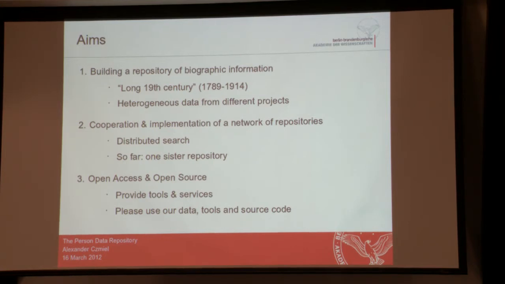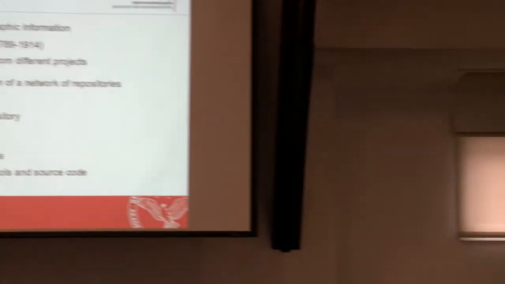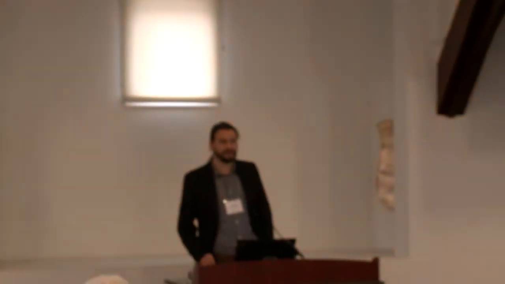It's set up in Rome at the German Historical Institute. The last important aim is open access. Everything we provide, the tools, the services, and the data, is for free use. So please use it. Take our data, take our tools, and take our source code and improve it, or join us.